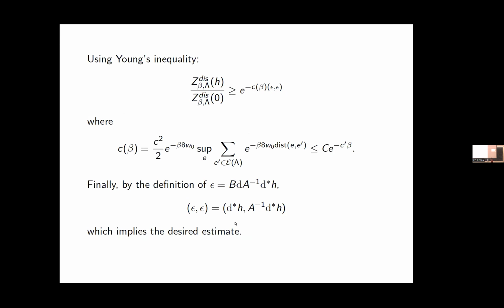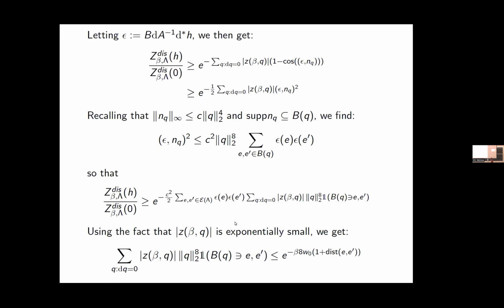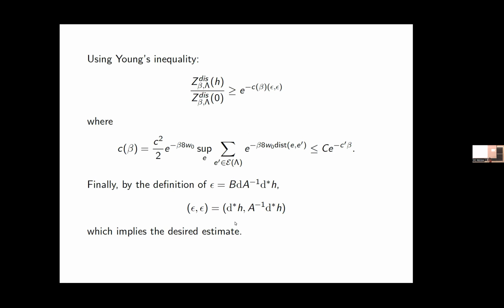Okay, so we ended up with this expression, and now I use Young's inequality. So this can be seen as a convolution of epsilon with this kernel that is exponentially small. So I use Young's convolution inequality, and I further bound this by the L2 norm of epsilon times the L1 norm of the kernel.